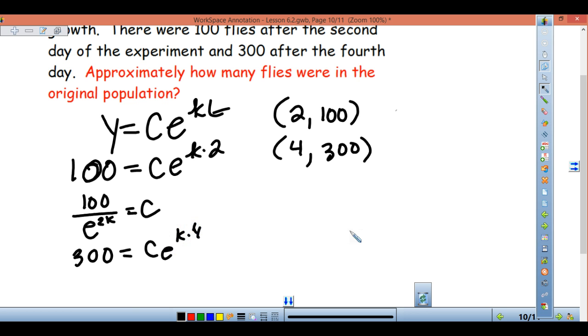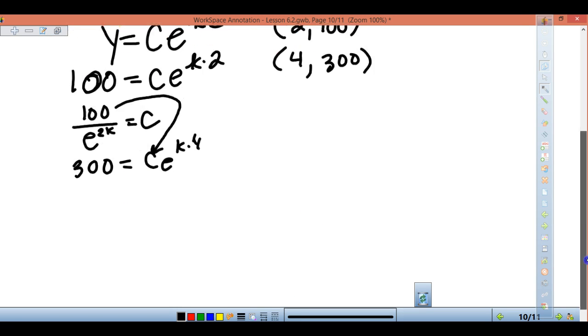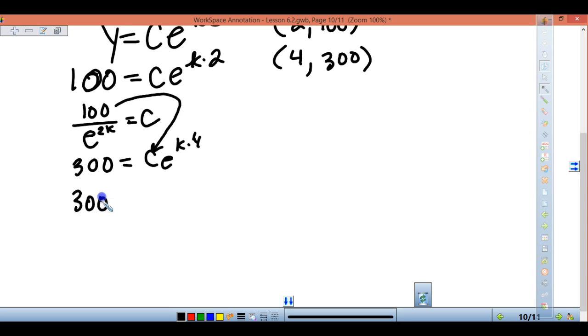Now, what I did in the last problem was substitute in for c. So I have 300 equals 100 divided by e to the 2k, times e to the 4k.